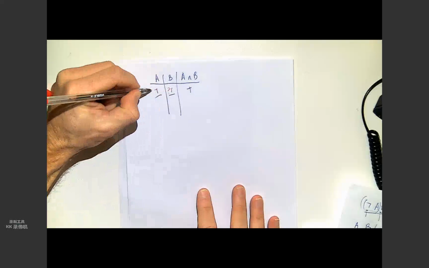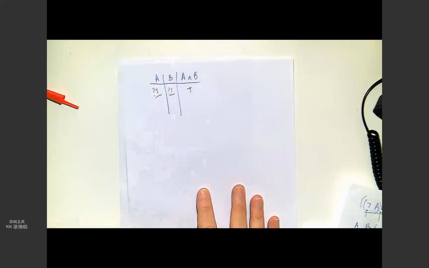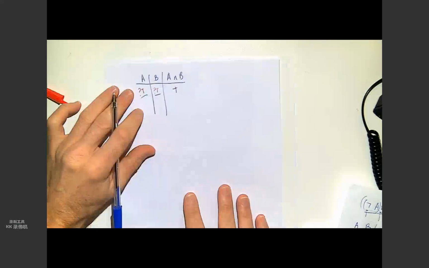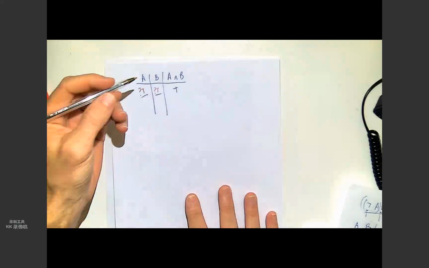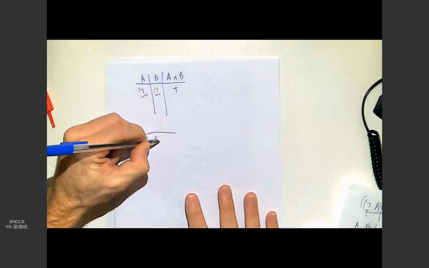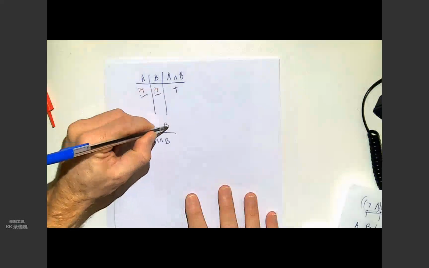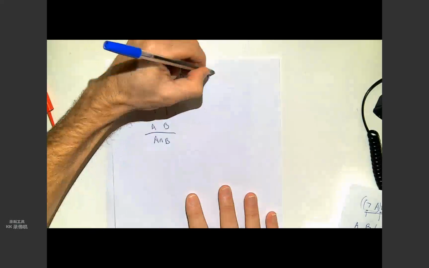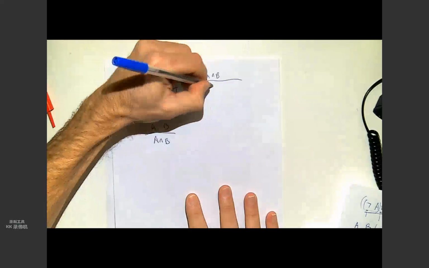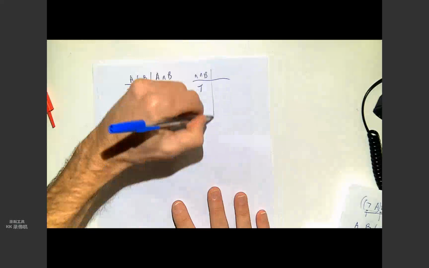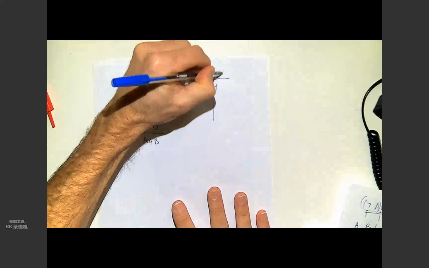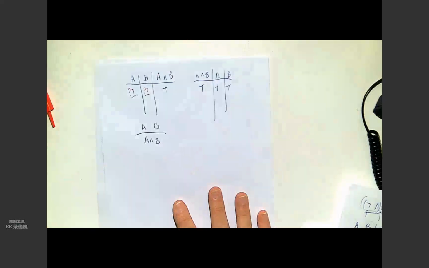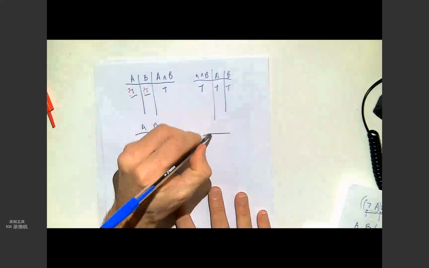And is this true? Okay? Whereas if that's something that I know to be the case, if A and B being true is something that I do know, then I can deduce that A is true and that B is true. Okay? And that's what that one is saying there.